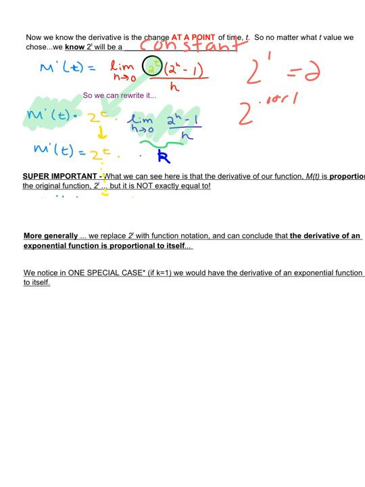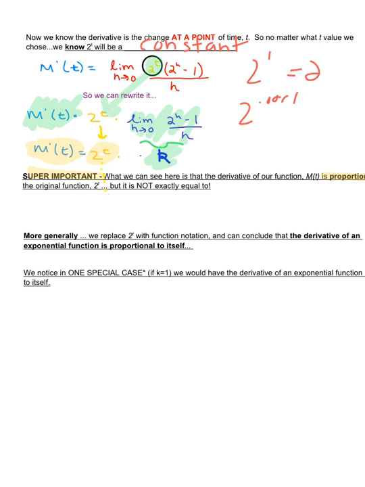So a super important thing that I've written on my notes here is that the derivative of our exponential function is somehow related to the original exponential function. In fact, it's proportional to that original function. It's not exactly 2^t, but it's 2^t times some sort of multiplier that I am calling right now k.